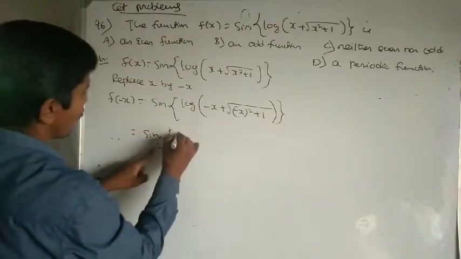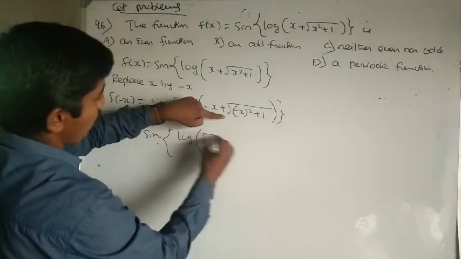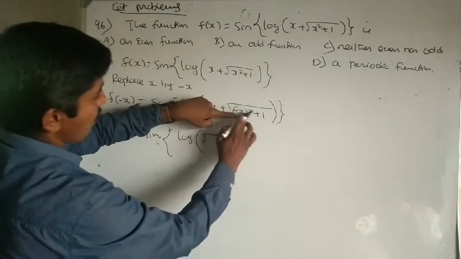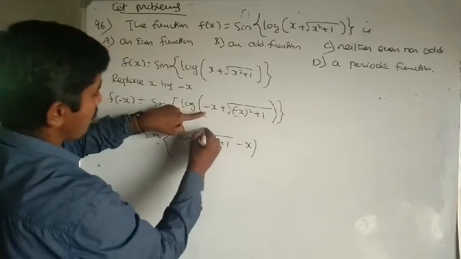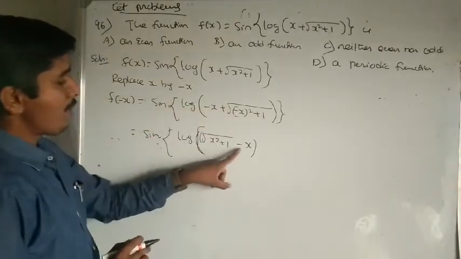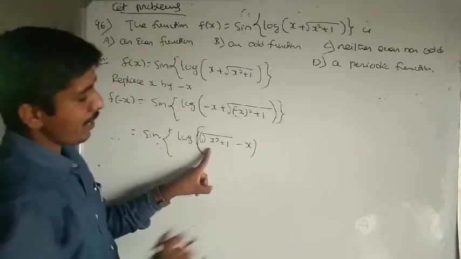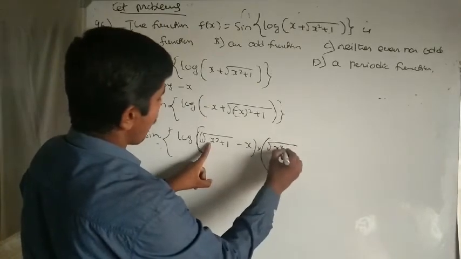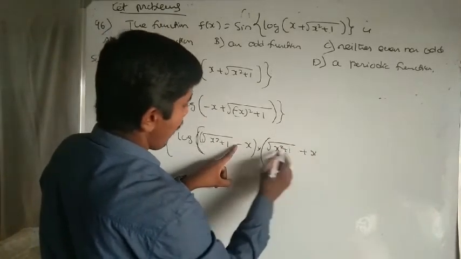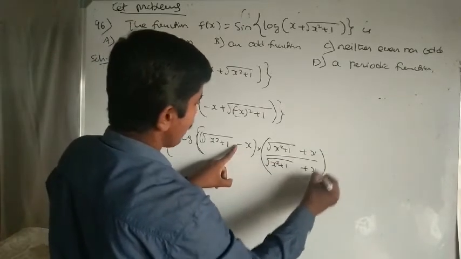Taking the root term first, it is root of x square plus 1 minus x. I am rationalizing the numerator here: multiply and divide by root of x square plus 1 plus x.